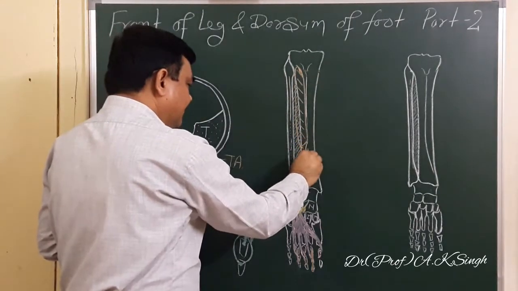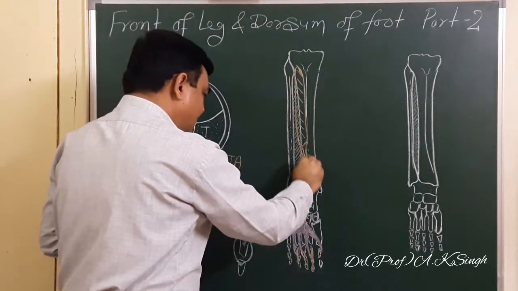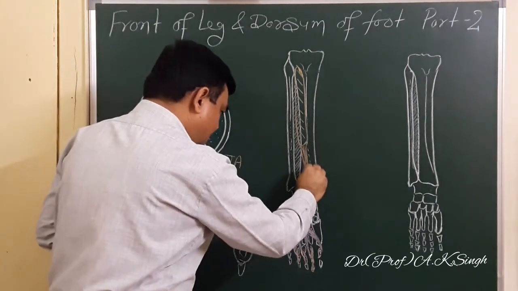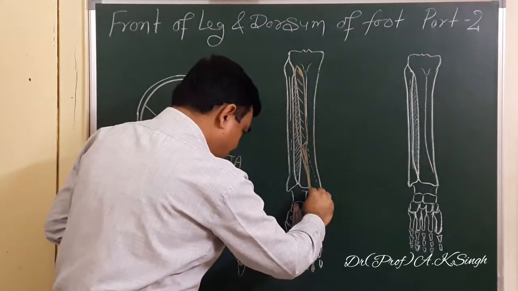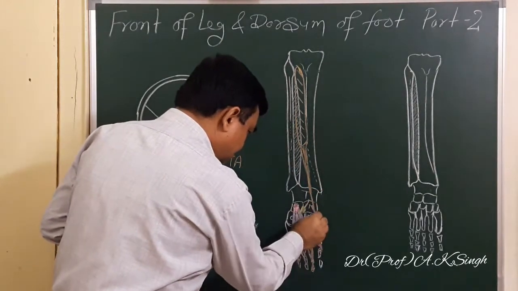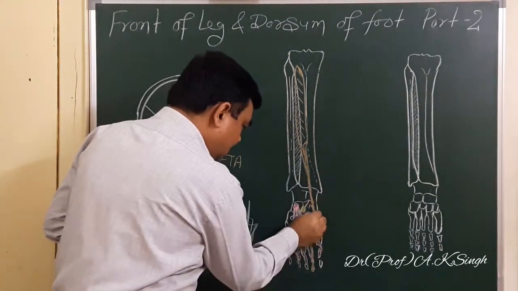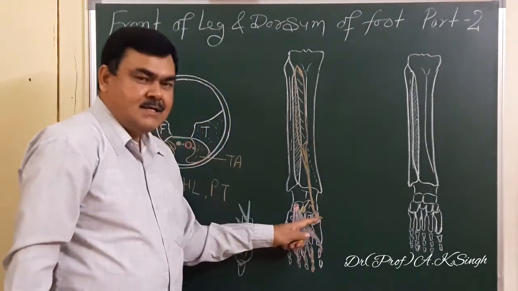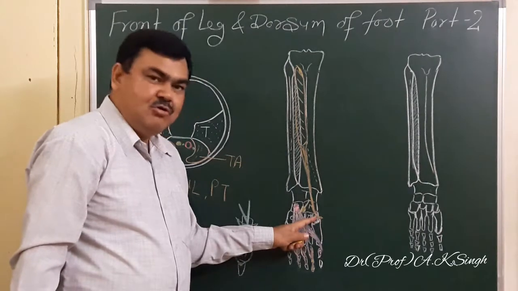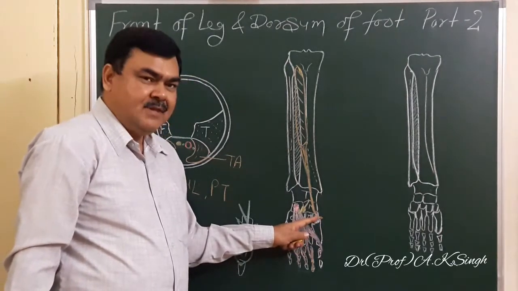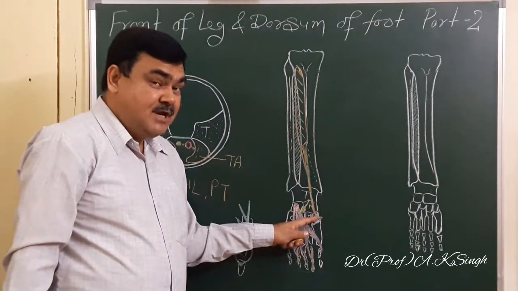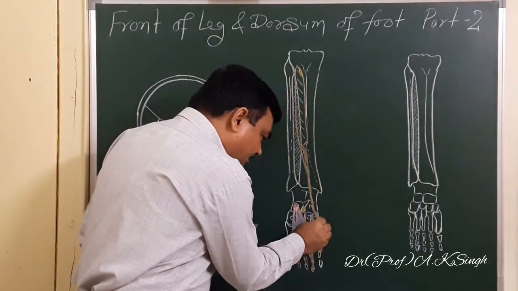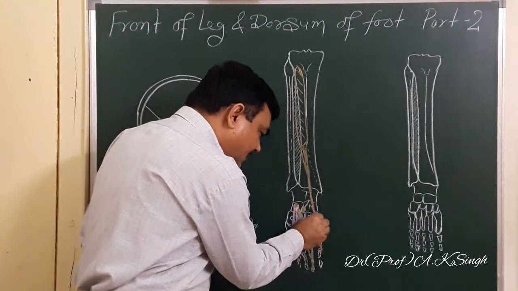And is inserted. This muscle passes like this and is inserted on here. Inferior medial side of medial cuneiform. This is medial cuneiform. It is inserted on inferior medial side of medial cuneiform and adjoining part of the base of first metatarsal.